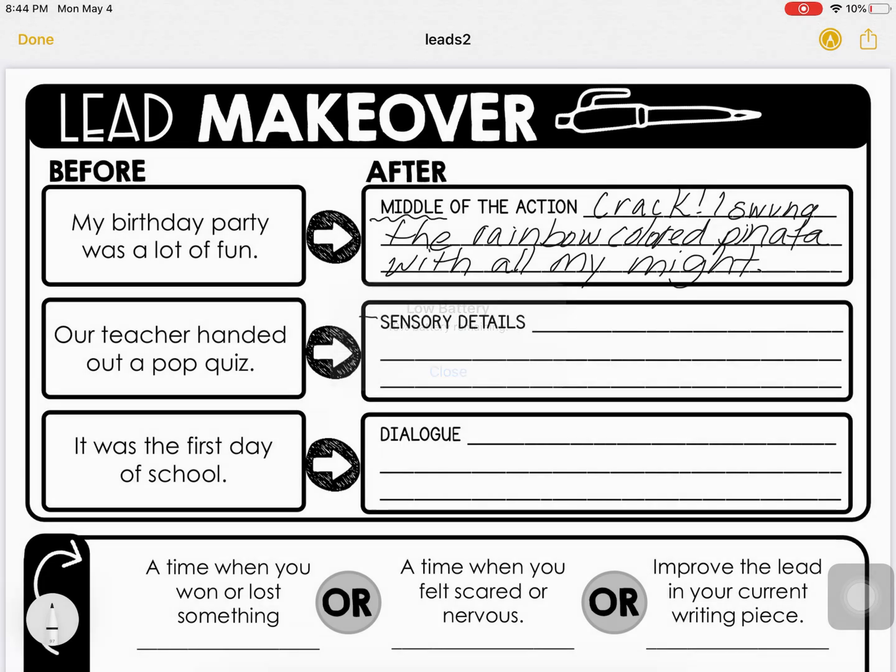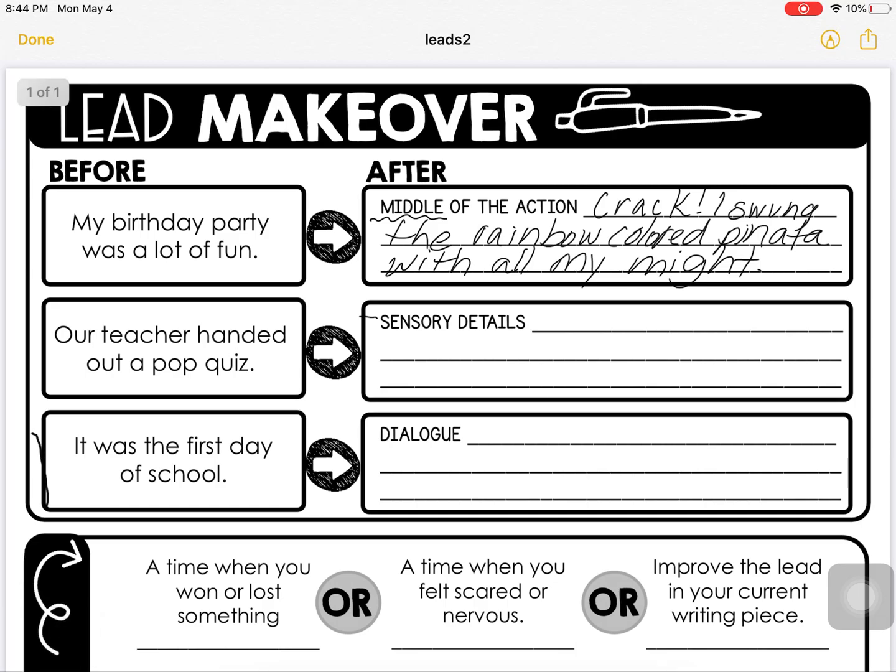And then the other example, it was the first day of school. Give me a dialogue, something that you said or a parent said or your friend said on that first day of school. A good lead can oftentimes have dialogue. So try those, and if you need to, look back at the other page that we just did to remember these types of leads and some examples.